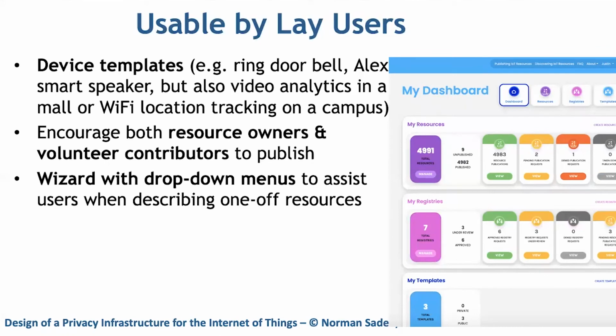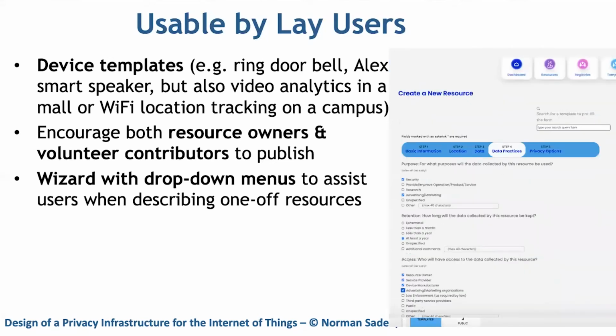And then obviously, when you are going to be describing a new template, or you're going to create your own IoT resource, which some people do, we wanted to obviously make it possible for someone to describe all the relevant practices that they would want to disclose. And so for that reason, obviously, we realized very quickly that you should not expect these people to be privacy experts, as I said earlier.